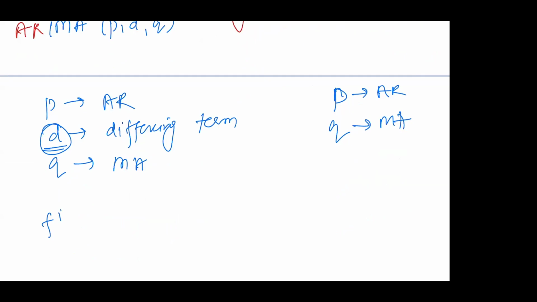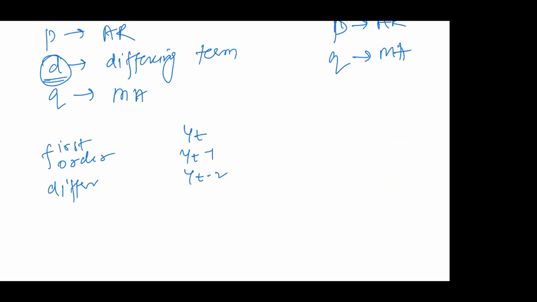As we know, the first order differencing, what does this mean? If we have a time series data, right? Something like this. So we'll be doing basically the first order differencing, that is y(t-1) minus y(t-2), and similarly we'll be doing the differencing, right?